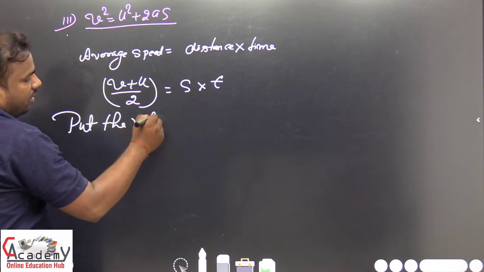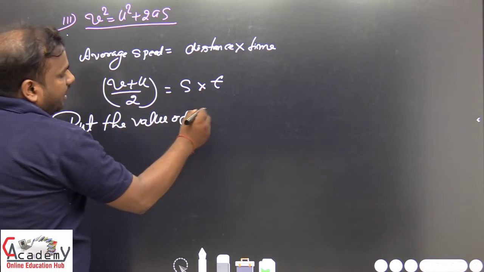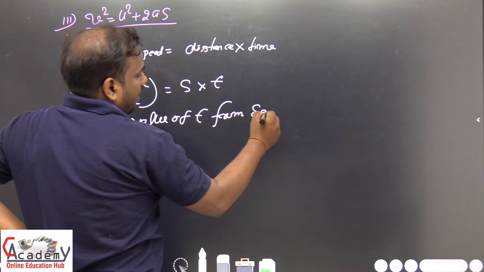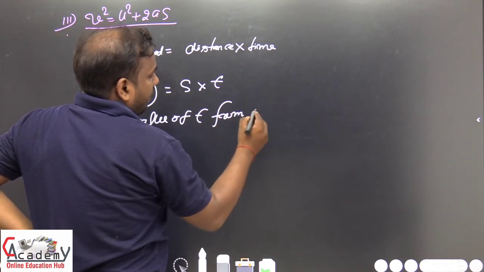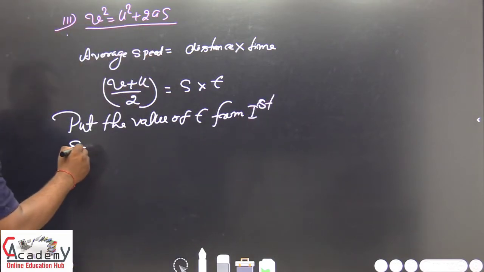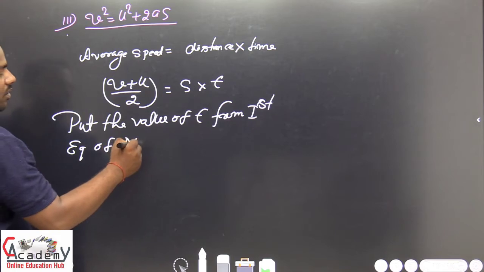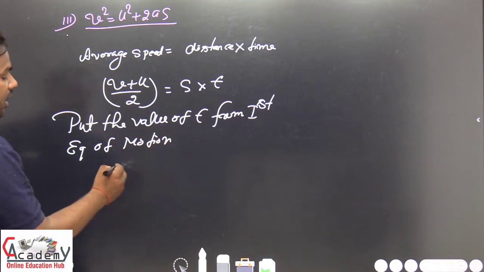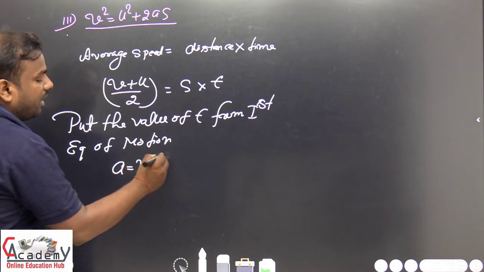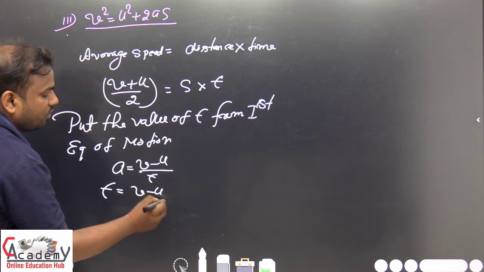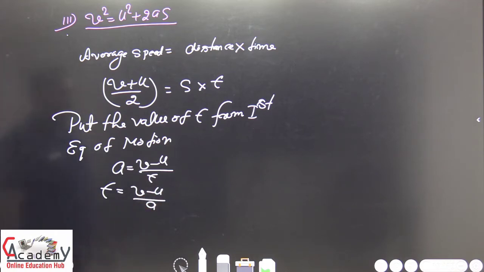Put the value of t from the first equation of motion or the definition of acceleration. We know that a is equal to v minus u upon t, then t is equal to v minus u upon a.